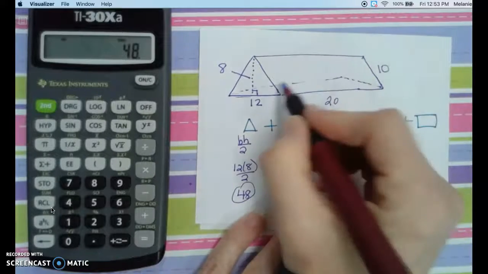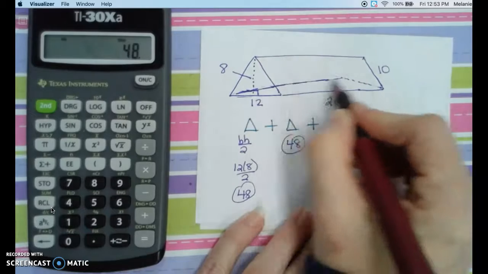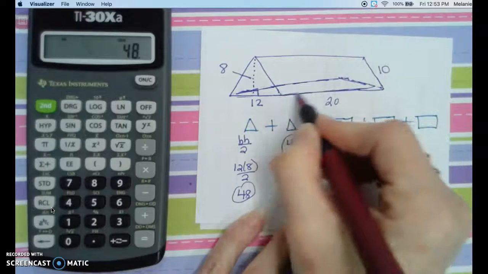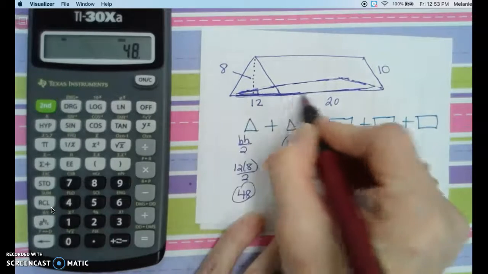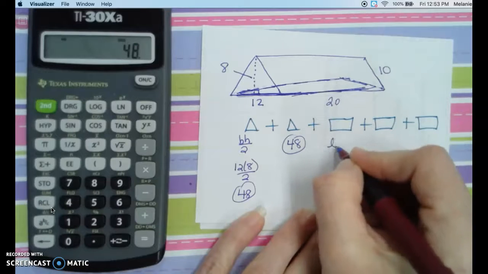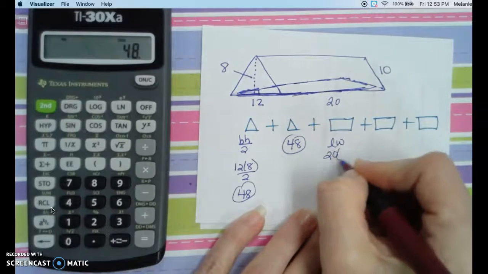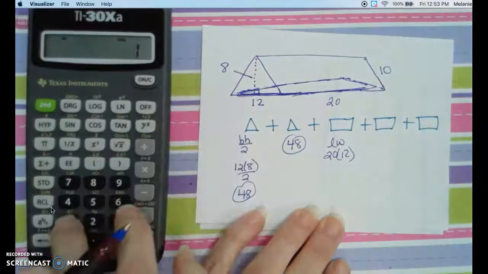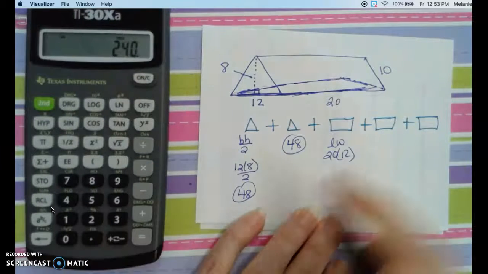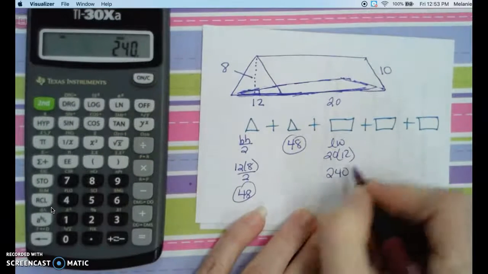And let's see, if I trace the bottom, I hit 20 and 12. So my length and width is going to be 20 times 12. If we multiply those, we get 240.